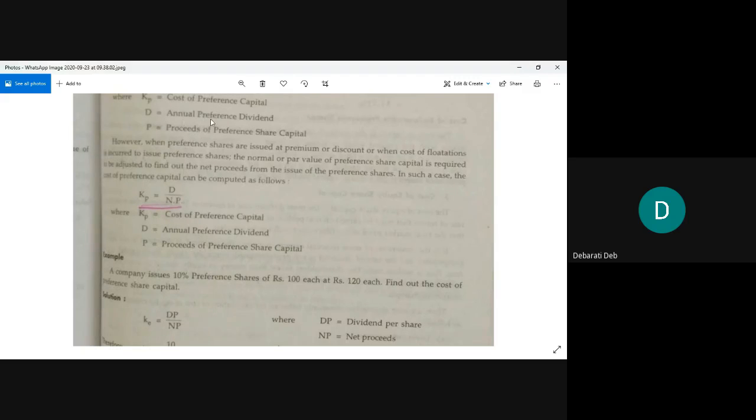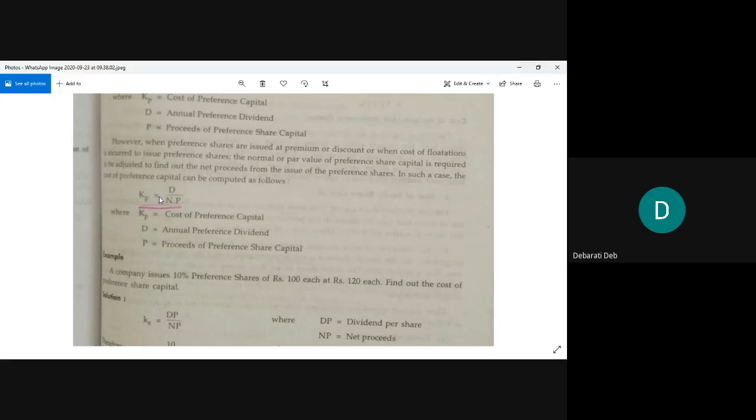After writing proceeds of preference share capital, you write: when preference shares are issued at premium or discount.